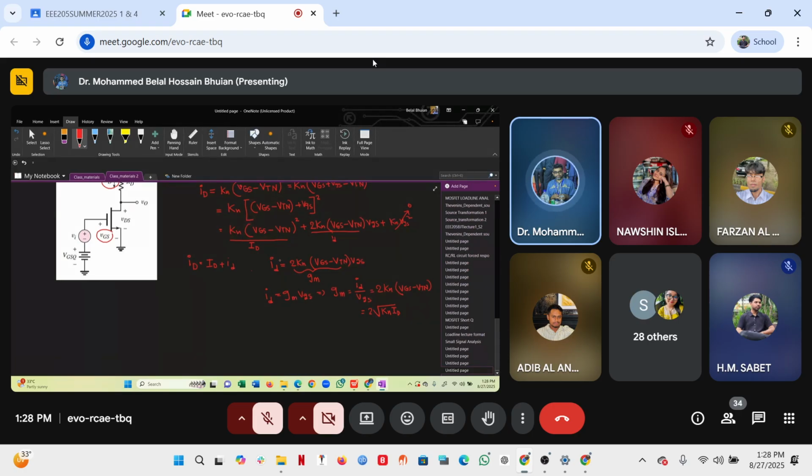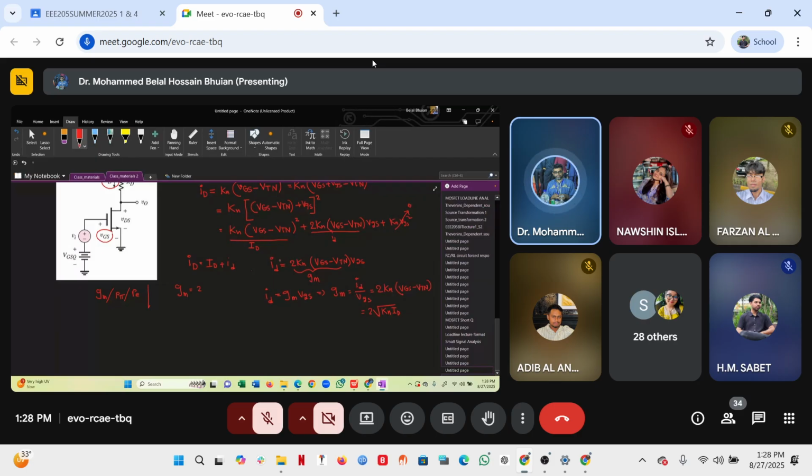But the good thing about the MOSFET is that, unlike the BJT, which has three small signal parameters, gm, r-pi, and re, the MOSFET has only one small signal parameter, which is gm, equal to 2 root (Kn ID).